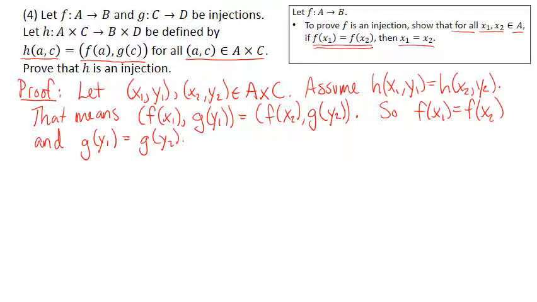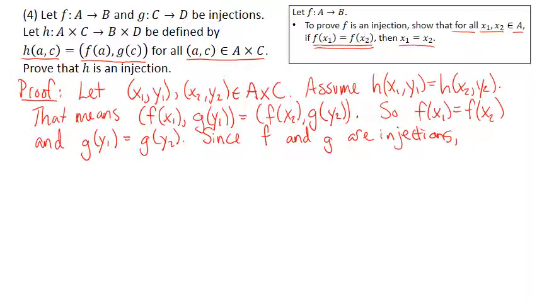Okay, so now that we have that, we can use the fact that f and g are injections. Since f and g are injections, whenever you get the same output from an injection, it must have been because the inputs were the same. So that means that x1 equals x2, and y1 equals y2.